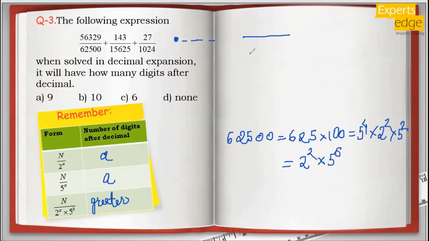This is the denominator of the first. I'm just concentrating on the denominator. Now the second denominator, as we saw some time back, 15,625 is nothing but 5 to the power 6. And also you must be knowing, or you should know, that 1024 is nothing but 2 to the power 10.